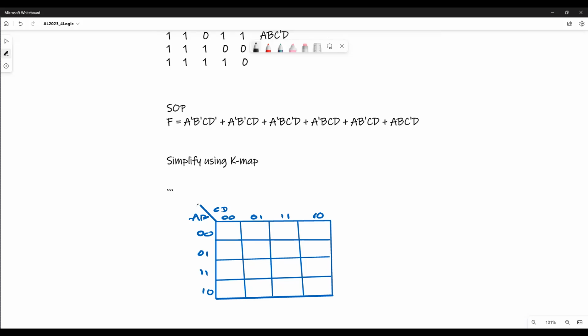A dash B dash means 0, 0. Then we have C D dash, right? This is 1.